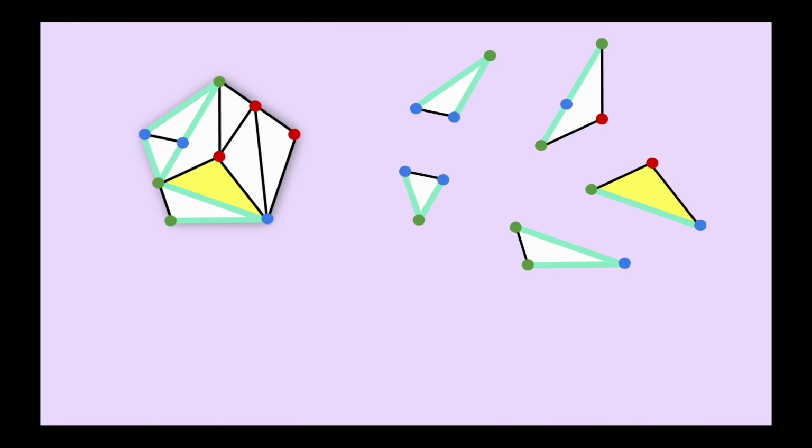Using this, if we go triangle by triangle, starting with the top left, and count the number of turquoise segments we see, the number of segments we will count has the same parity as the number of colorful triangles.